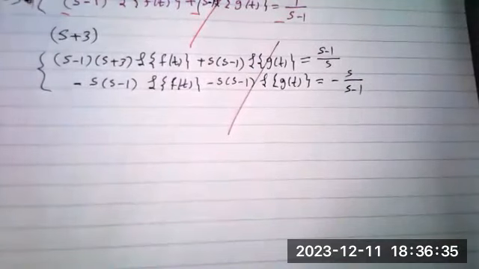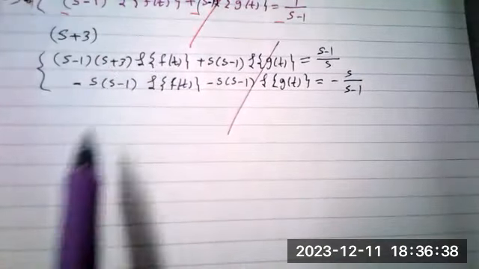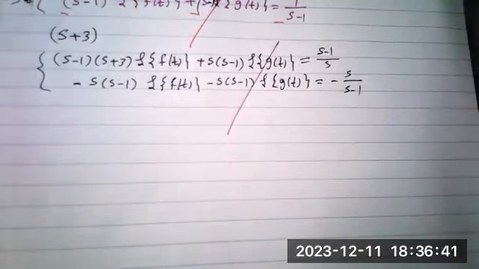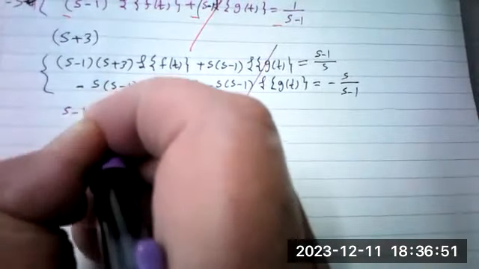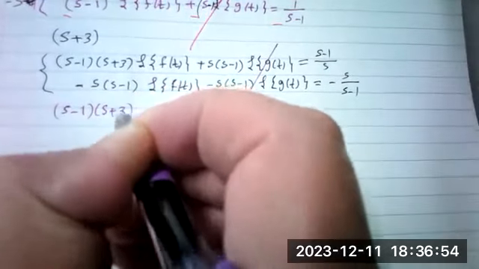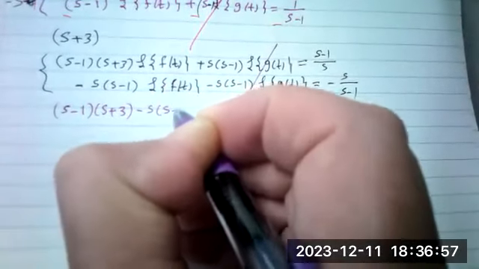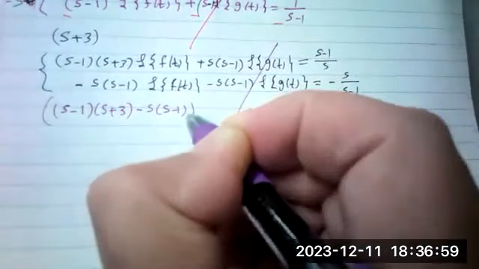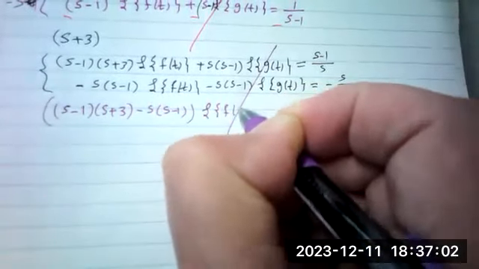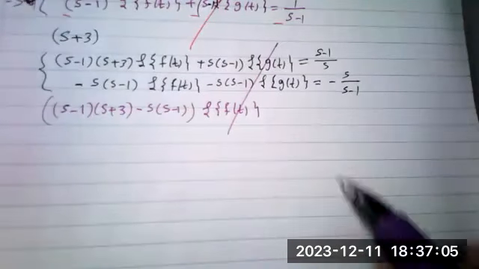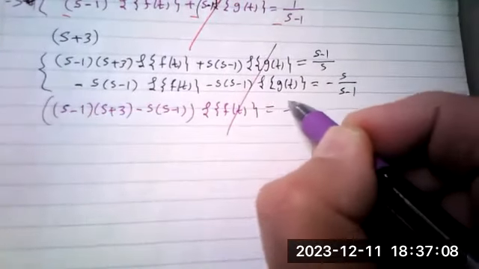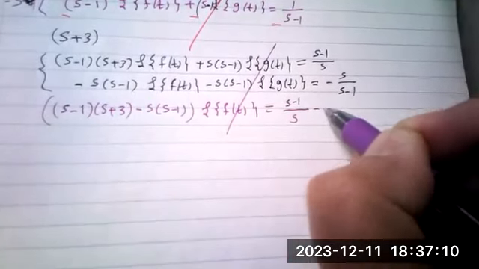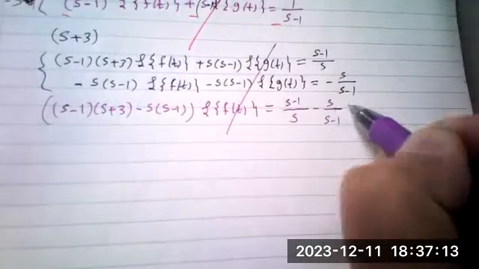Now the Laplace of f of t over here, we combine them together to get the coefficient. So this is going to be s minus 1 times s plus 3 minus s times s minus 1. These are going to be the coefficient of the Laplace of f of t. And on the other side, we get s minus 1 over s minus s over s minus 1.